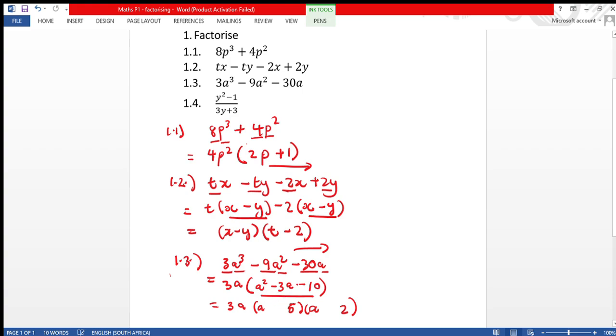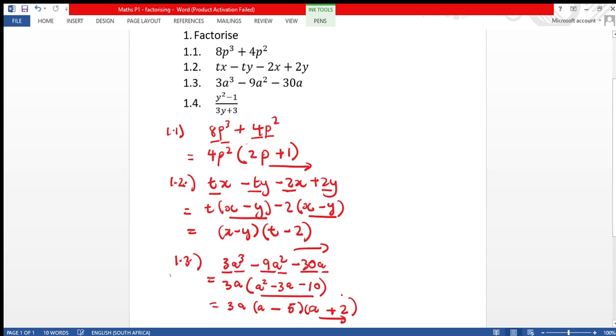So you can see 10 is negative. That means the signs for 5 and 2 are not the same. In fact, 5 is going to be a negative sign, and then 2 is going to be a positive sign. So that we're able to get back to the middle term when you reverse calculate. Okay, this is going to be our answer.